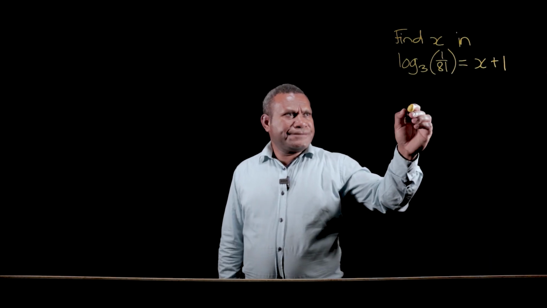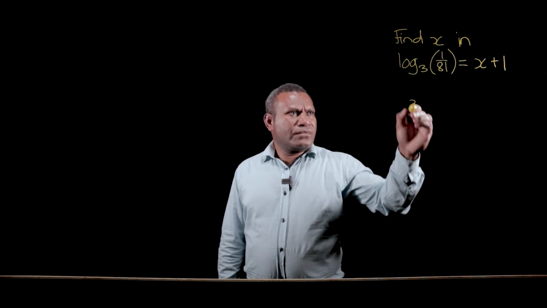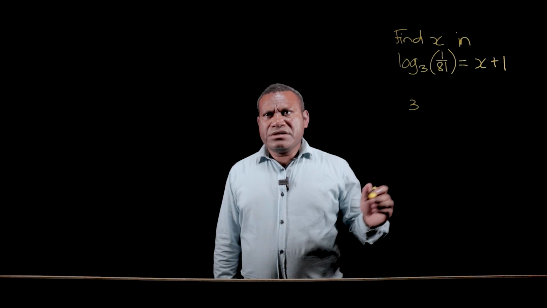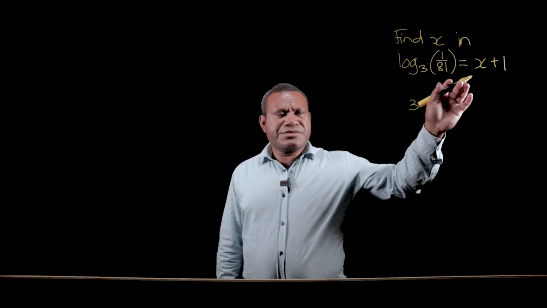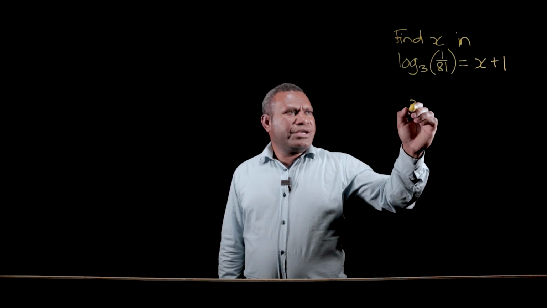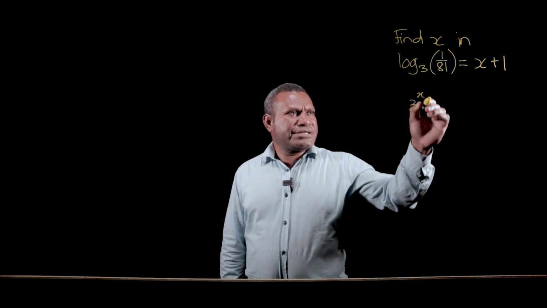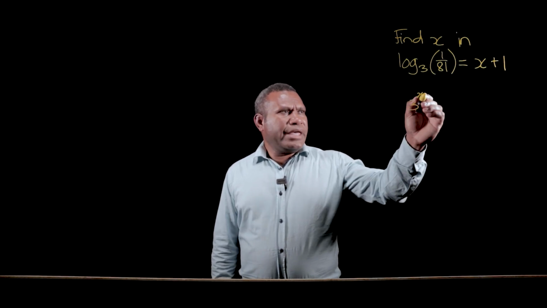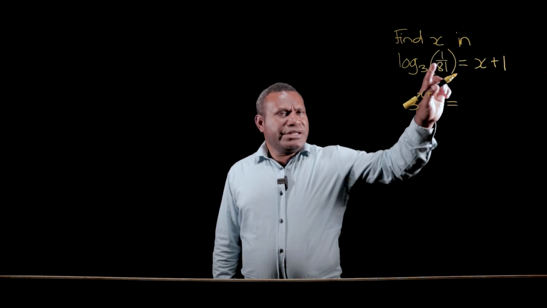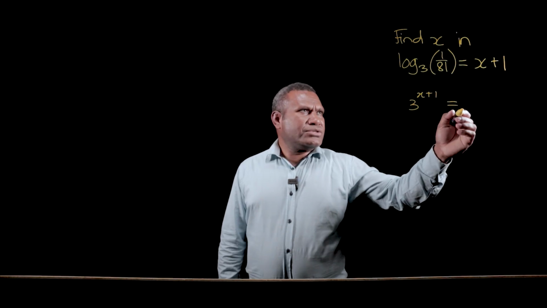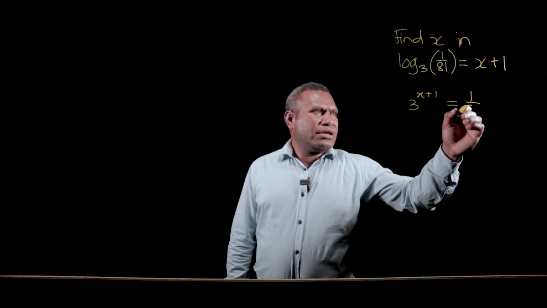It is 3. Whatever is on the right-hand side is your exponent. So we write 3 raised to the power of x plus 1 is equal to 81, which now becomes the argument.